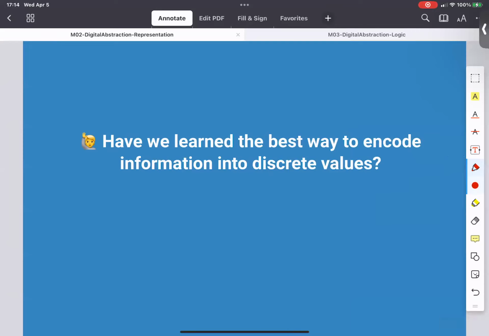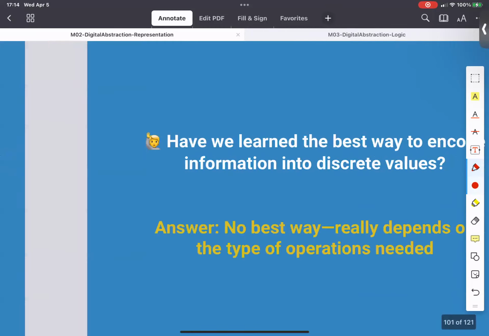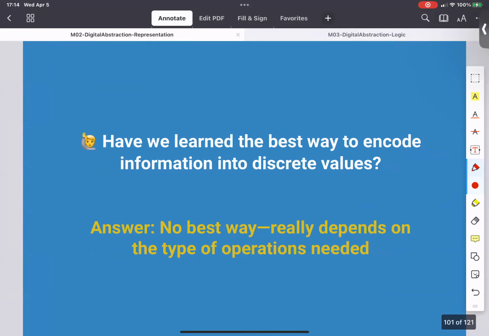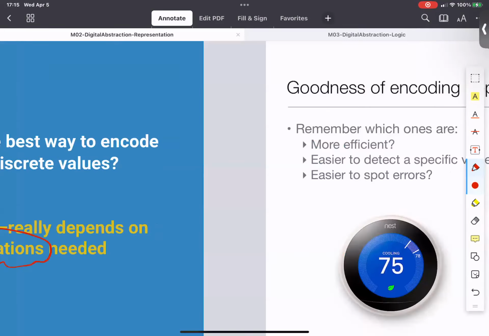One is that the most compact is, generally speaking, may not be the best thing to do. Secondly, you need to think about what operations you want to do with it in order to decide. So there's no one best way. It really depends upon what operations you want to do. And so spending some time on it pays off quite a bit.